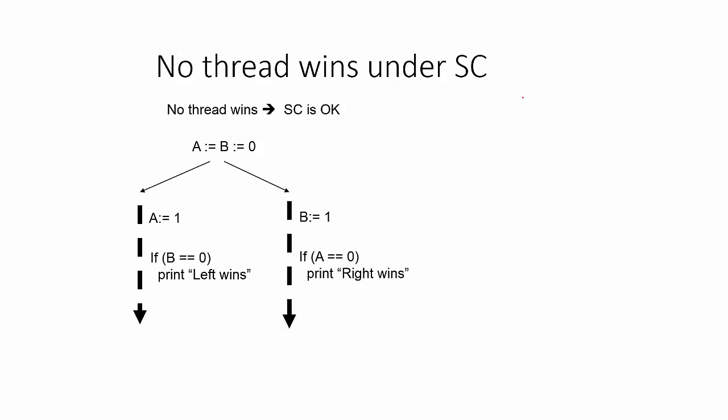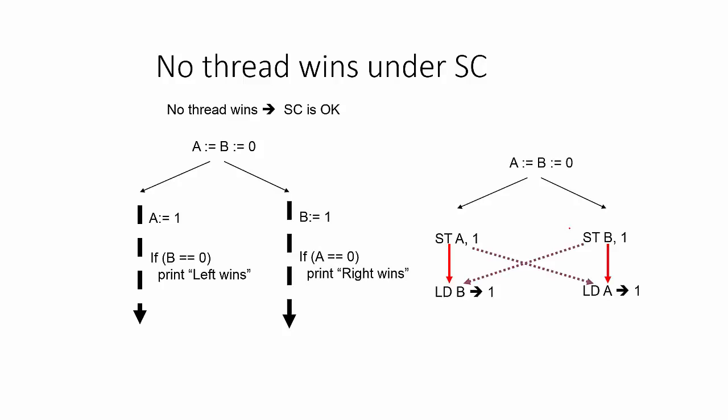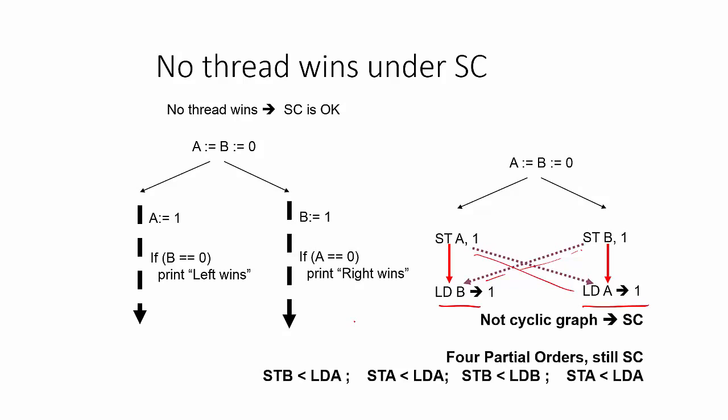We could also have the case that no thread wins. No thread means that the loads both return 1, and this might happen if this load happens after the store, as denoted by this arrow here, or this load happens after this store here. And again, there is no cyclic graph. We obey sequential consistency.